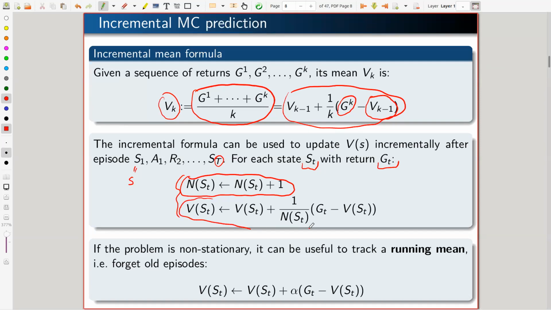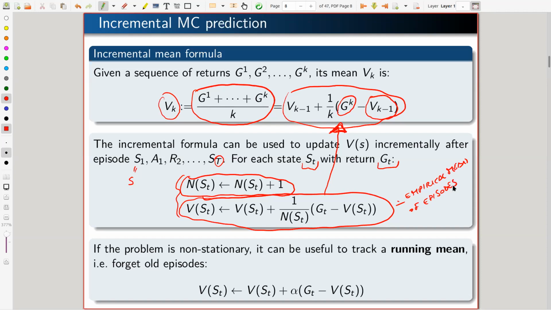And this second line is just this formula here. That means this is the empirical mean of episodes.